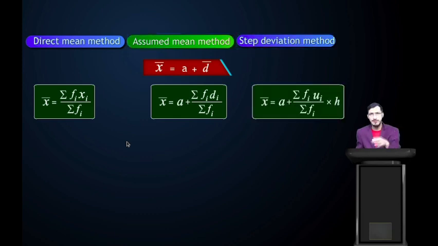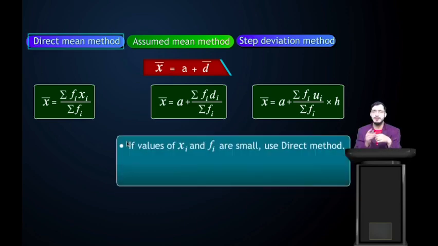And in the third method, the mean is equal to a plus sigma fu by sigma f, into h. So here we have three formulas and three methods for finding the mean: direct mean method, assumed mean method, and step deviation method.